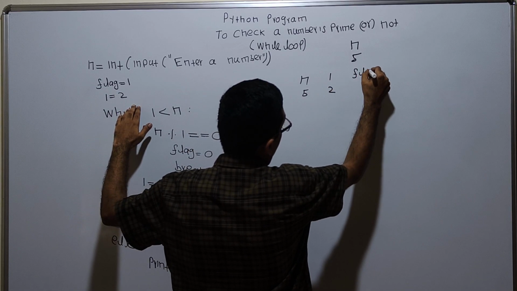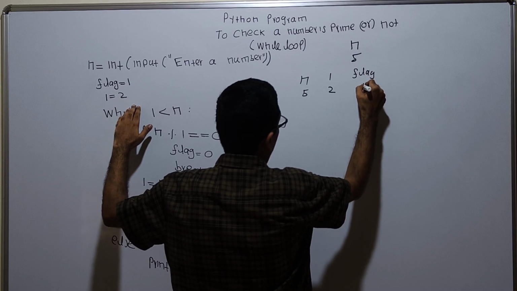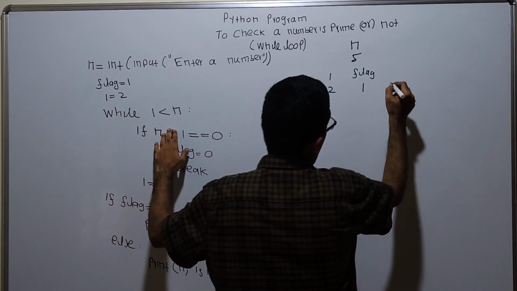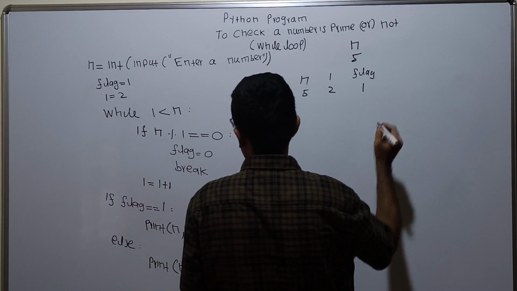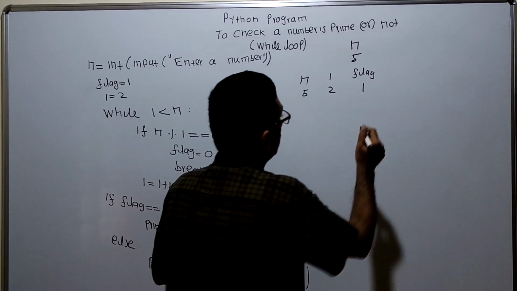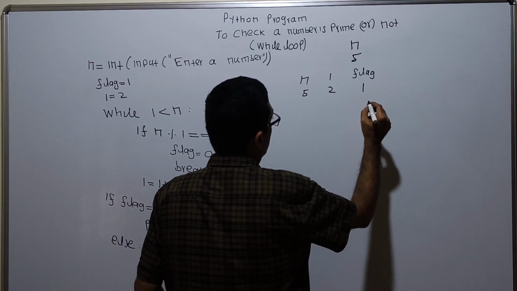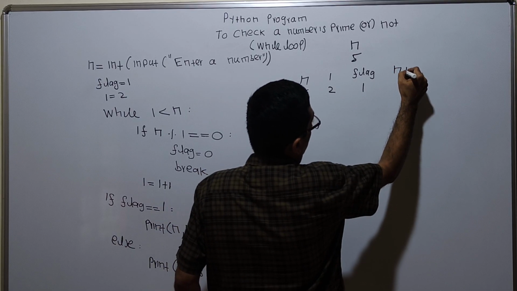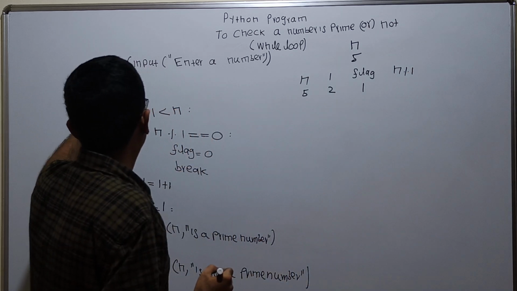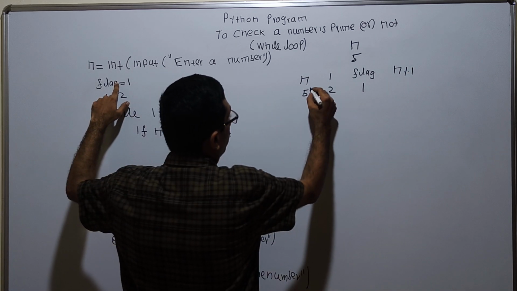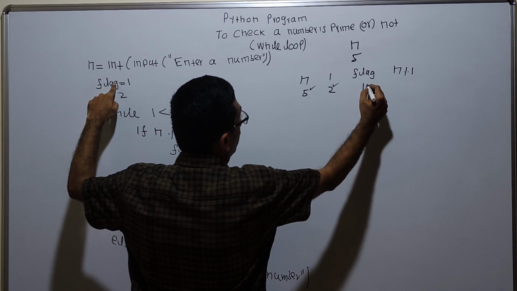Flag value is 1. Then here I am checking I less than n, followed by n modulo I. Initial values: n equal to 5, I equal to 2, flag equal to 1.